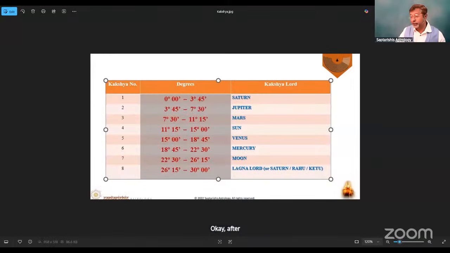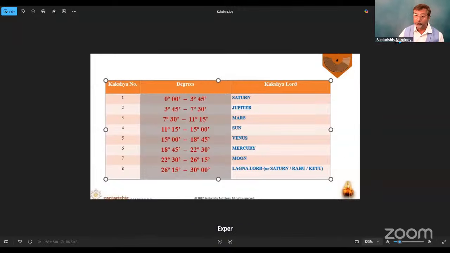After 15, 15 plus 3.45 will be what? 15 plus 3 is 18.45. So your next compartment will be 18.45 to 22.30. Next will be 26.15. 26.15 to 30 will be the last compartment, which can be Lagna Lord, Saturn, or Rahu Ketu.